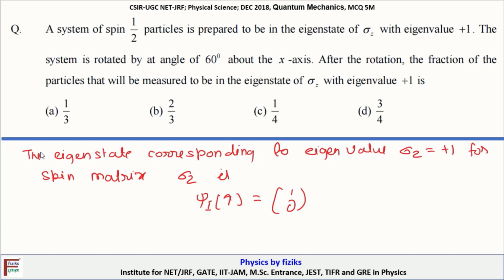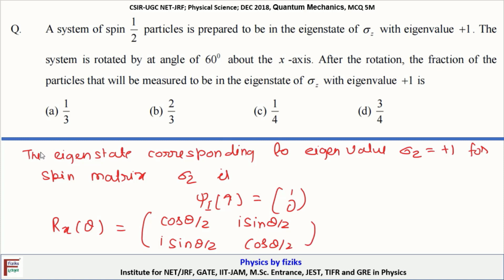Now the system is rotated along the x-axis. So we define the R_x(theta) matrix as cos theta by 2, i sin theta by 2; i sin theta by 2, cos theta by 2.